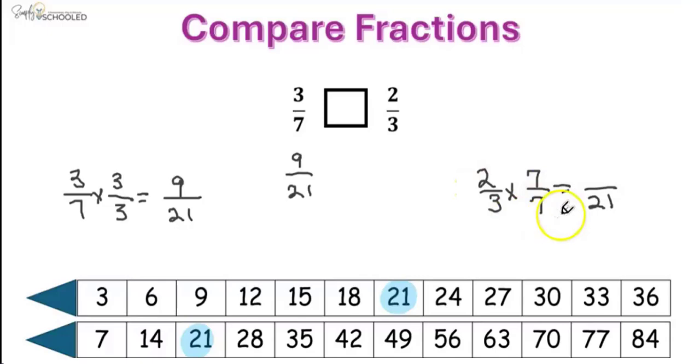So I have to multiply the numerator by 7. 2 times 7 is 14. So 2/3 equals 14 over 21. And when I compare these, I just compare the numerators. I can say 3/7 is less than 2/3.